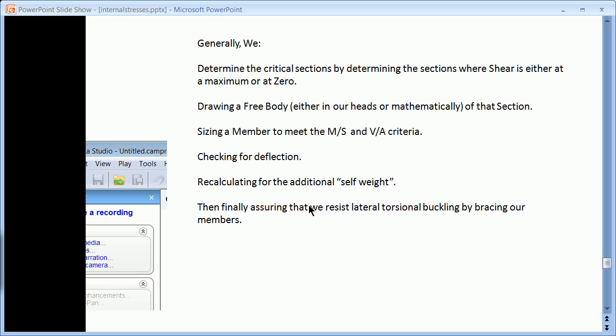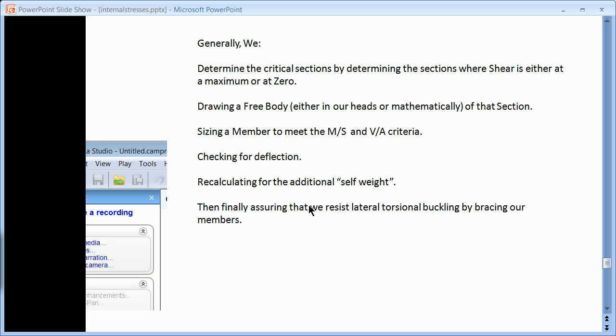Additionally, you need to recalculate for the additional self-weight. Remember, the distributed weight of a beam, a W24x65, is 65 pounds per foot. And that is distributed. It is not a point load.